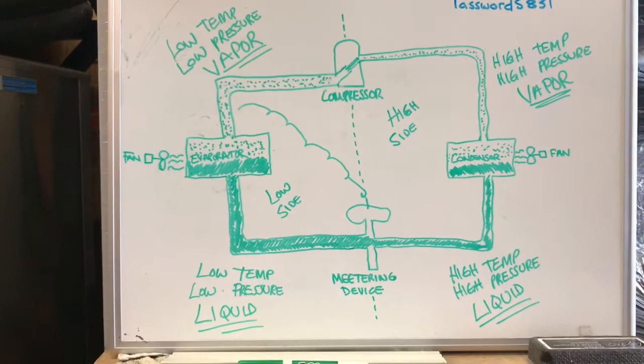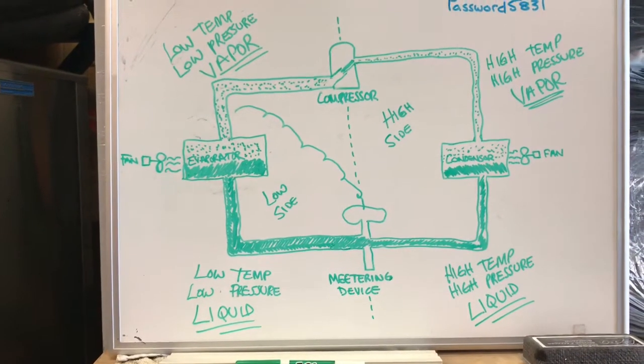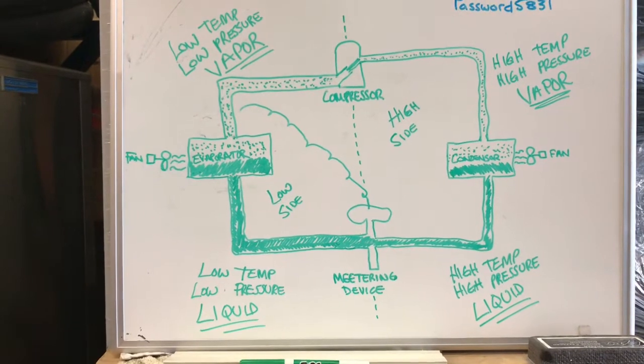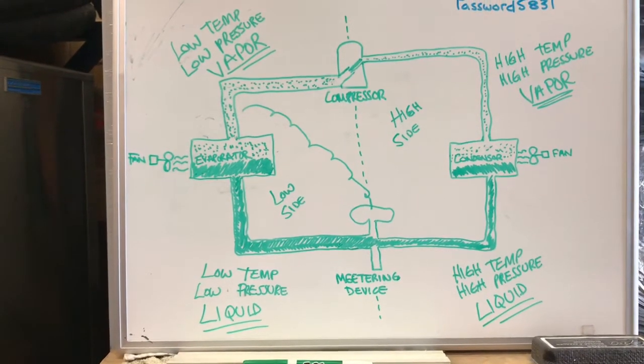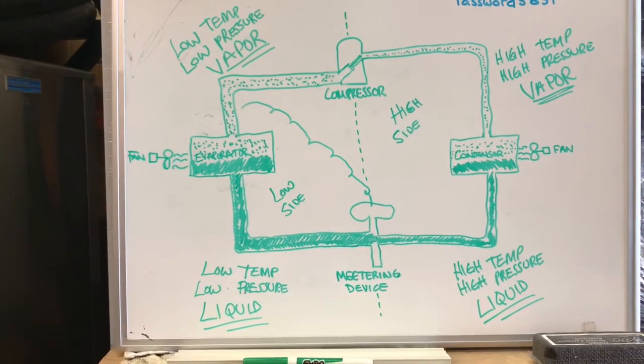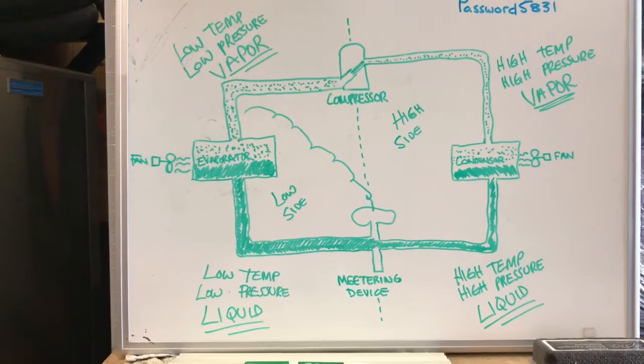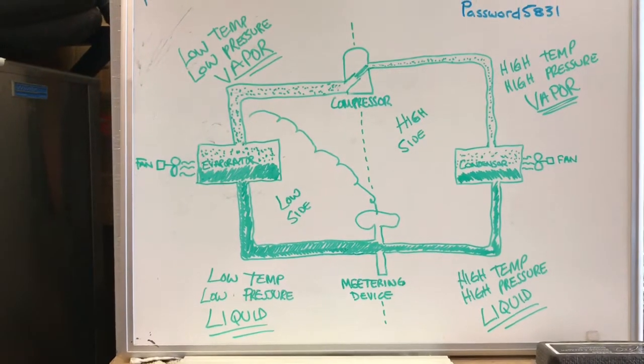And so what happens is as that refrigerant travels into that larger space, there's a pressure drop. And when we have a drop in pressure, we have a drop in temperature. So that liquid refrigerant now becomes a low temperature, low pressure liquid.